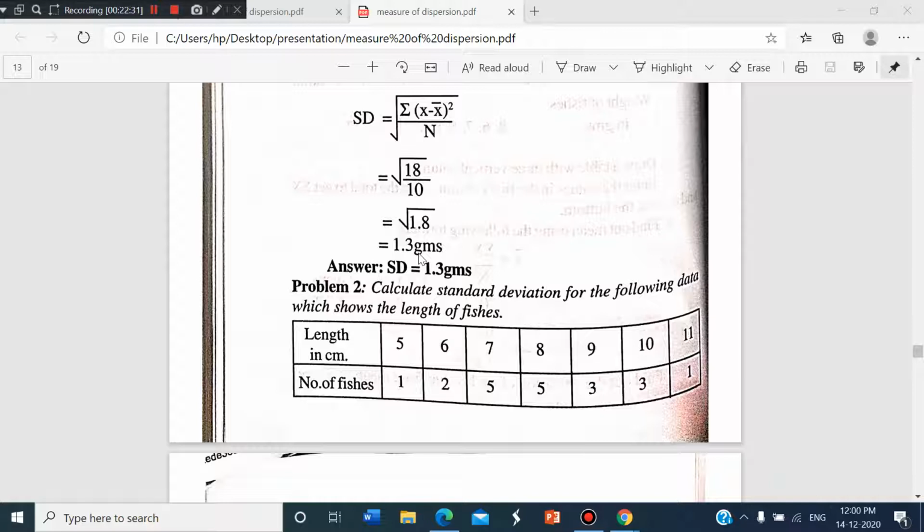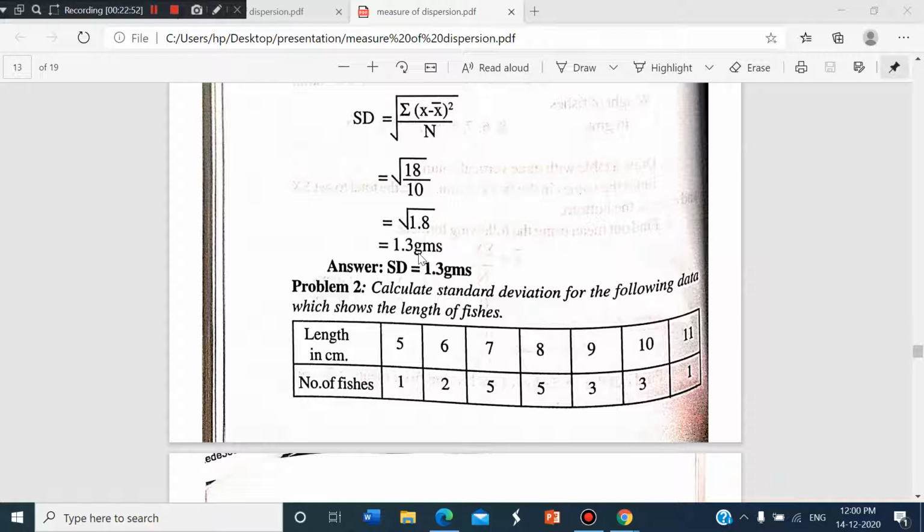You can take another example here where you have group data. Calculate the standard deviation for the following group data which shows the length of the fishes. Length is in the first column, and the second column shows the number of fishes.